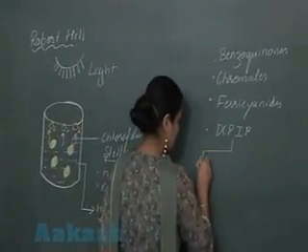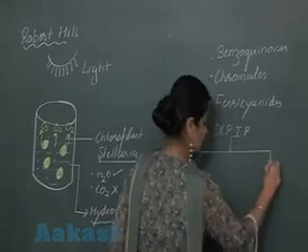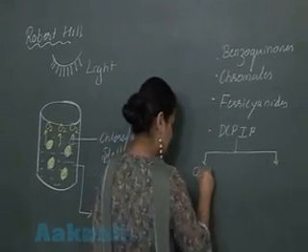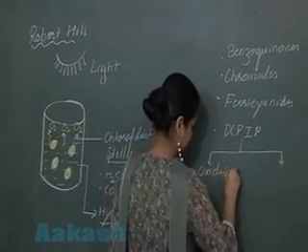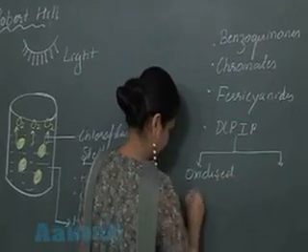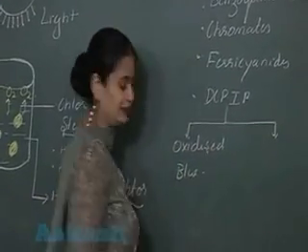Now DCPIP, it exists in two states. In the oxidized state, it is blue in color.